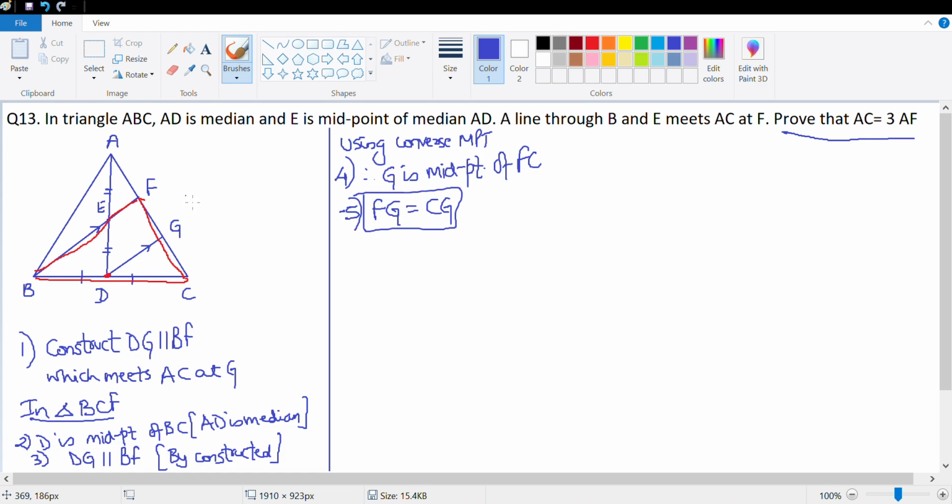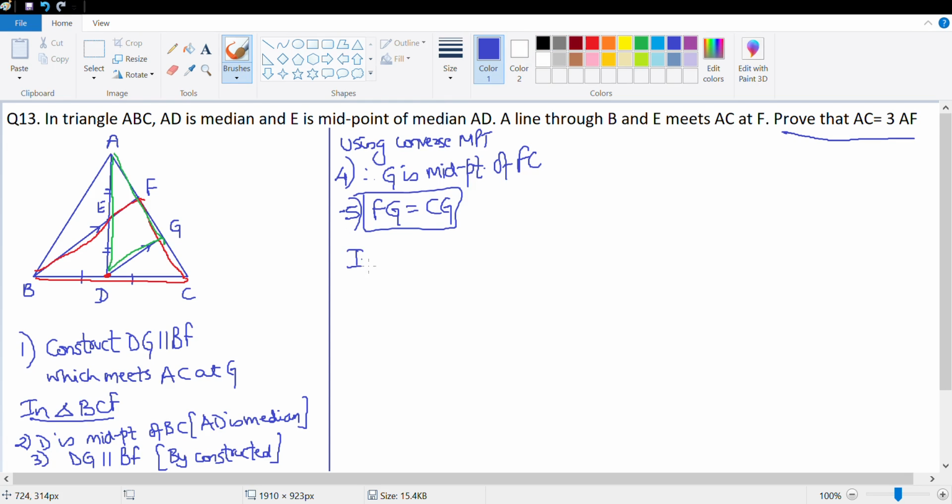Perfect. Now let's see if I can get any other triangle in which I can prove something to be midpoint. Alright, so if I look at triangle ADG, yes, I've got now one more triangle ADG. So let's see what will help me here.